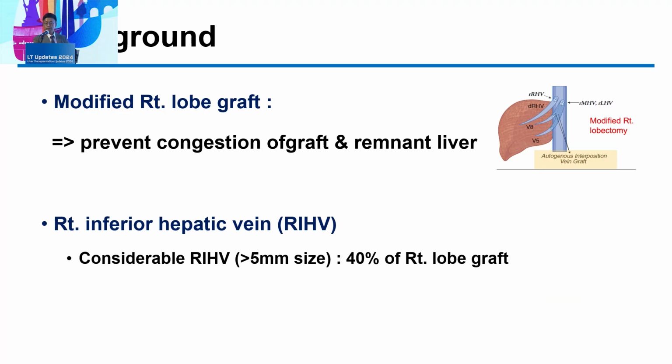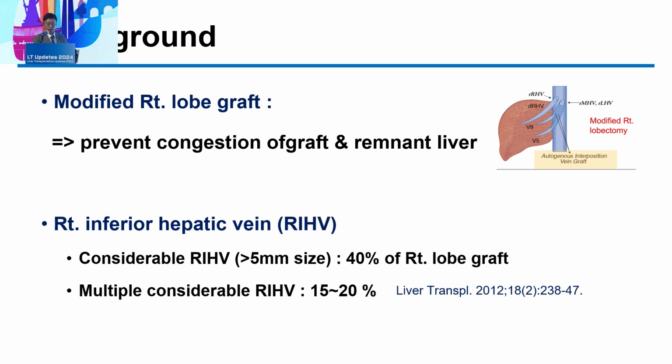A size of more than 5 millimeters is considered a considerable right inferior hepatic vein, and the frequency has been reported up to 40% of right liver lobe grafts. In 15 to 20% of cases, there are multiple considerable right inferior hepatic veins.